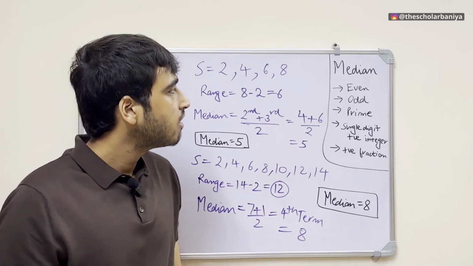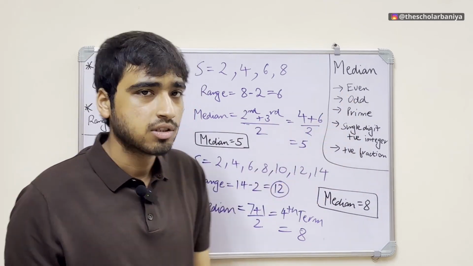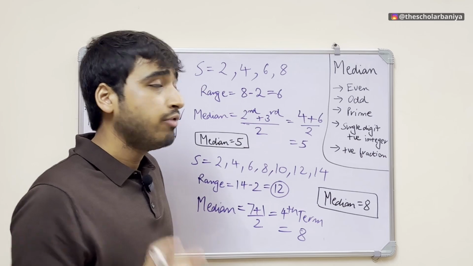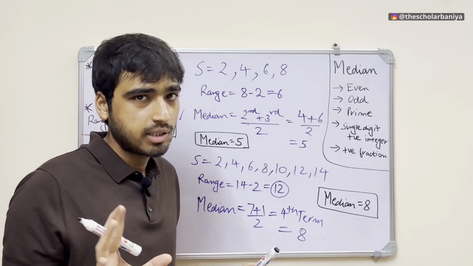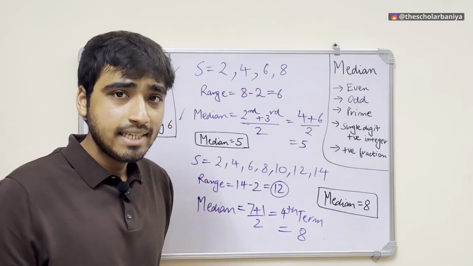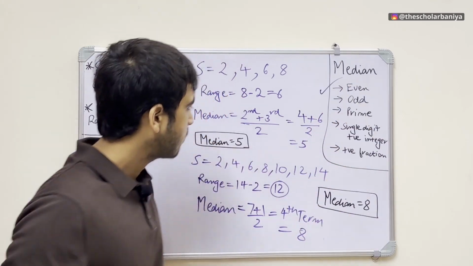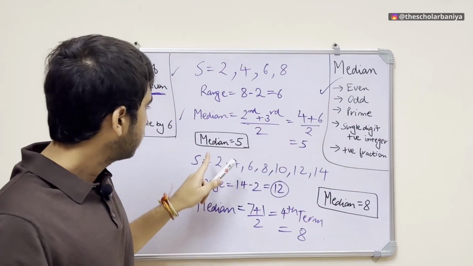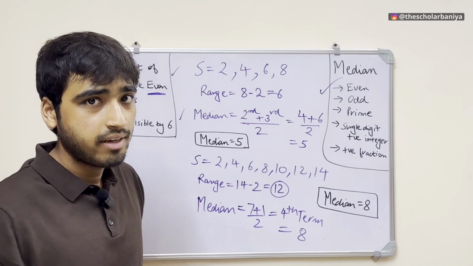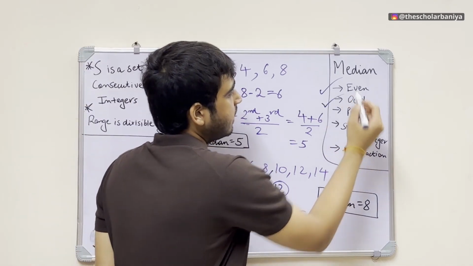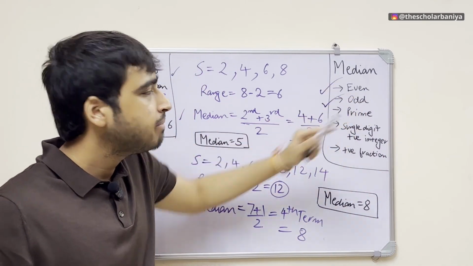And we have to tell which can be possible options. So the median can be even. Yes, it can be even. Can the median be odd? Yes, because the median is 5 in one case. Can the median be prime?